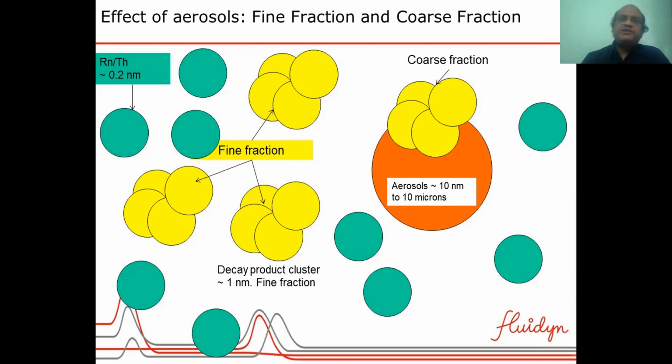The problem is that these clusters can then get attached to aerosols. We might have heard of PM10, PM2.5, etc. These are sizes of the aerosol. Aerosol size varies typically from 10 nanometers to 10 microns, so the smallest aerosol is an order of magnitude larger than the radionuclide product cluster, and they can get attached to it.